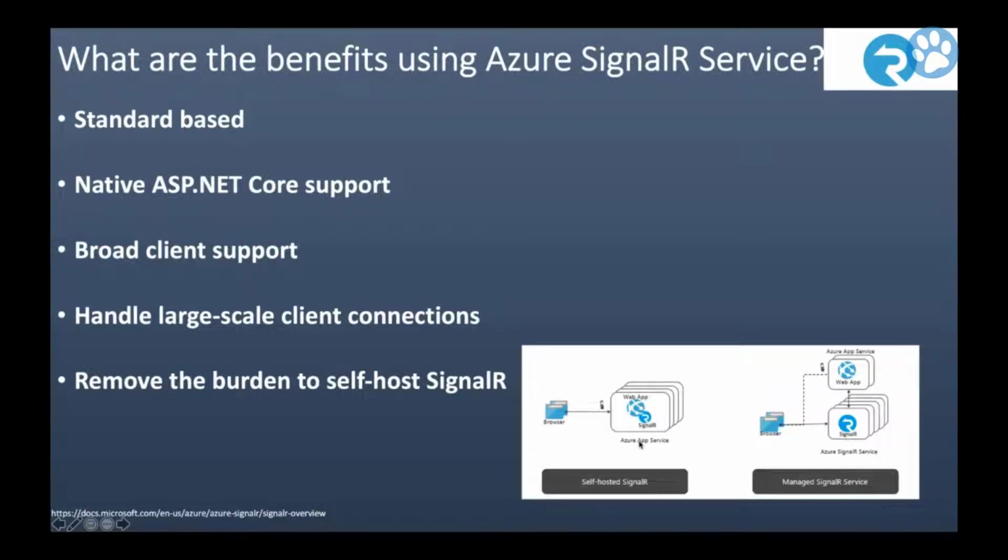That's the difference, called a self-hosted SignalR app. Your browser client makes the request to the web application, then the web application talks to SignalR and performs the necessary real-time communication.